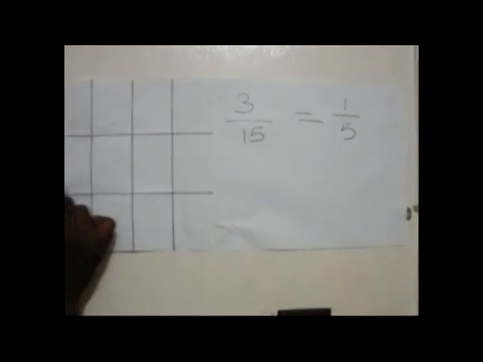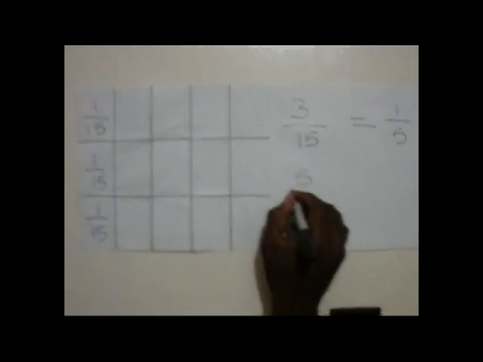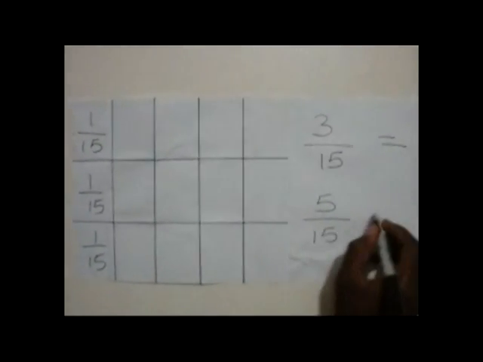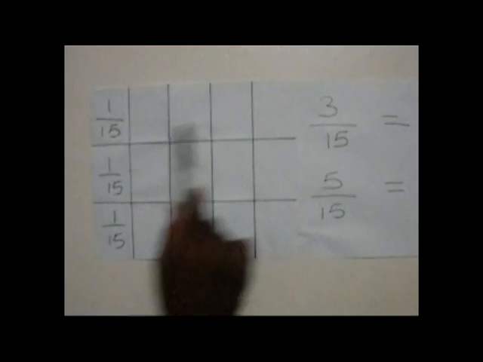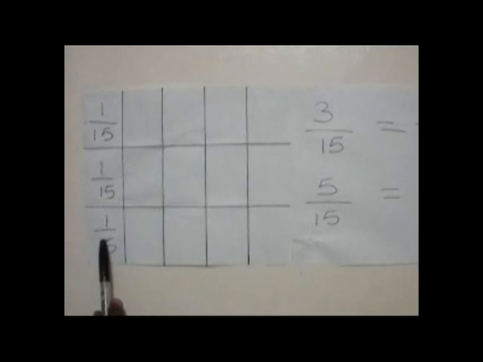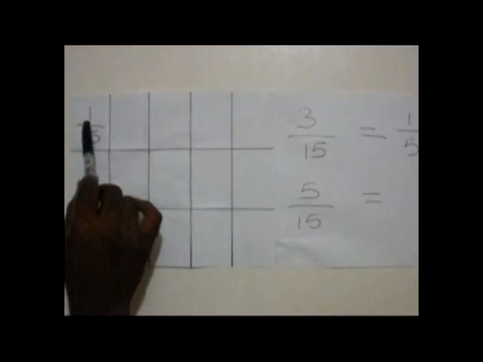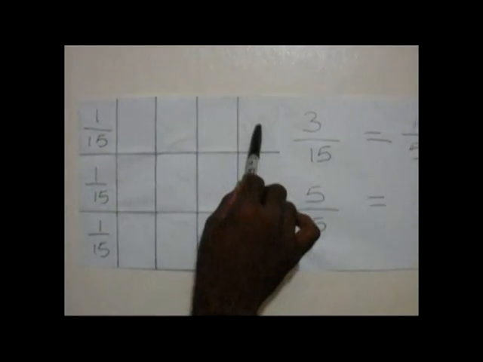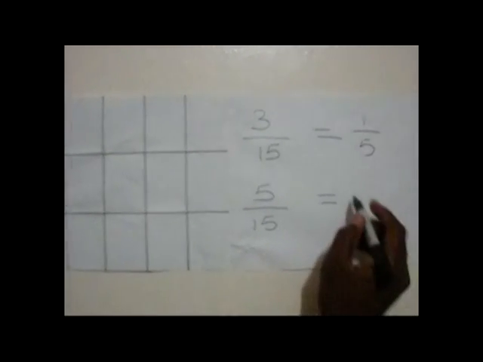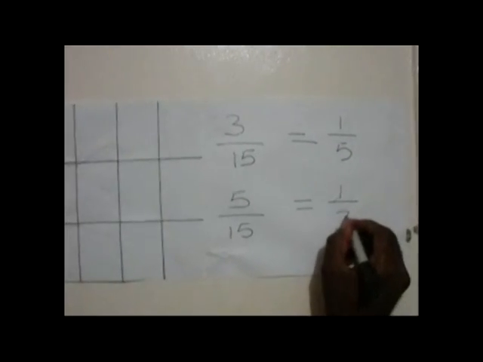So we are saying now that 1, 2, 3, 4, 5 15ths is equal to what? What is it equal to? Alright, let's look. This is 1/3. See? Another 1/3, another 1/3. But how many 1/15ths make up that 1/3? Okay, so it is 1, 2, 3, 4, 5. So the 5 15ths is equal to 1/3.